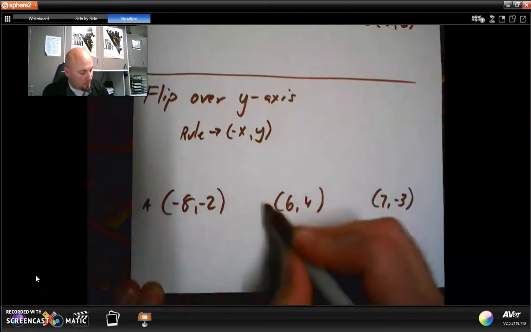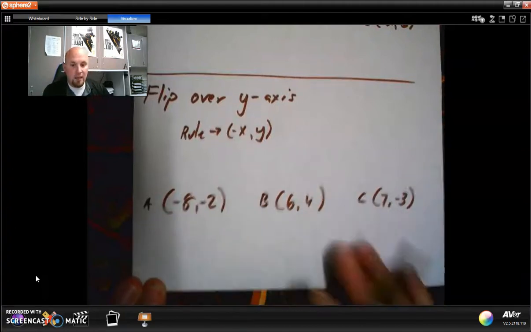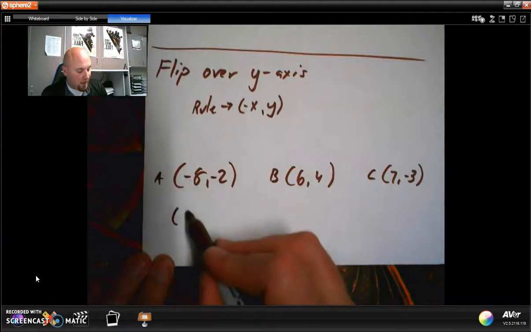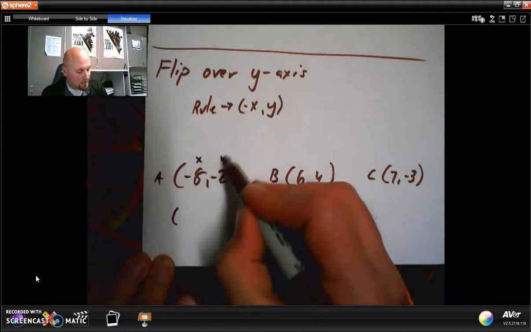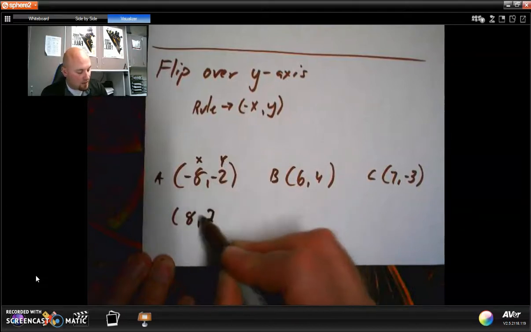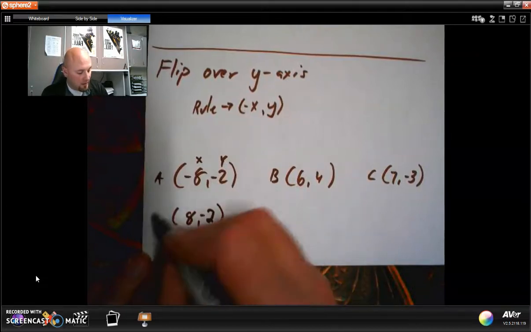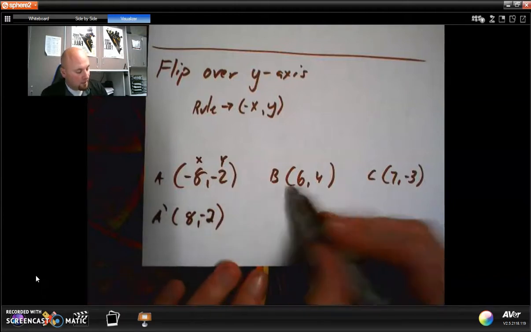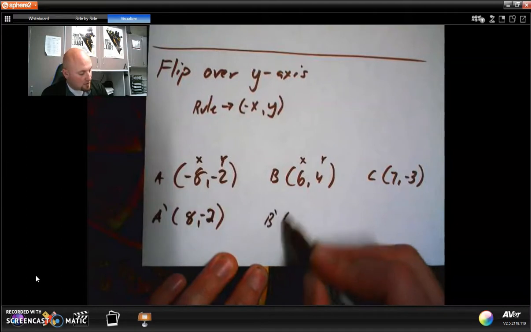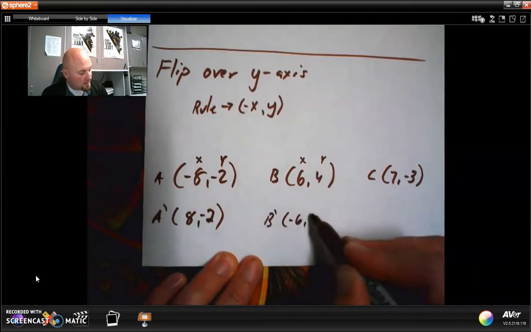So, A, B, C. Here's my 3 points. Point A, the x would become its opposite. So -8, because that's my x, would become a +8, but the y would stay the same at -2, becoming A prime. B, here's my x, here's my y. My x becomes the opposite, so I get -6, but my y stays the same.